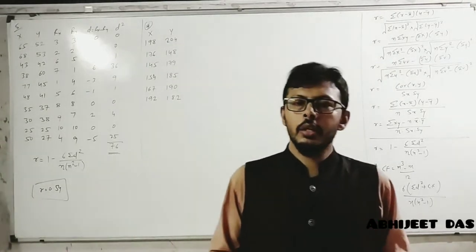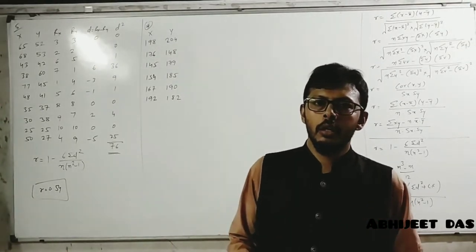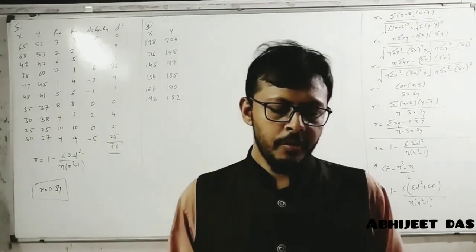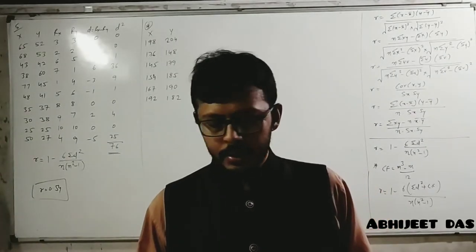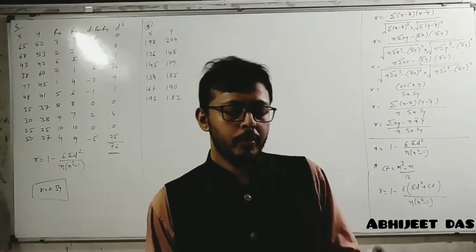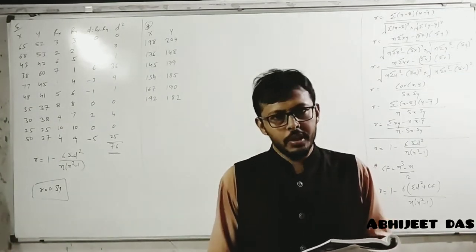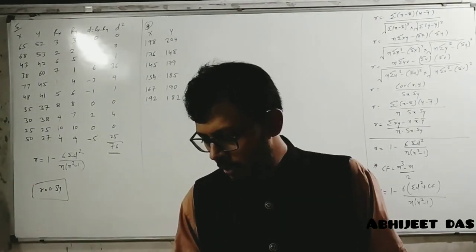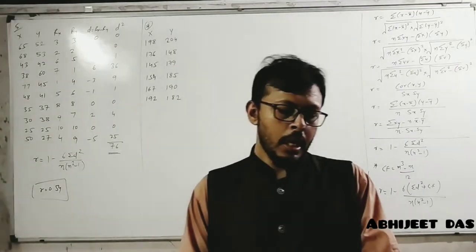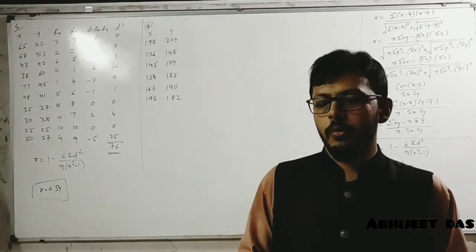Y is given 50, 52, 58, 56, 52, again 52, 53 and 52. The answer for it is minus 0.46.